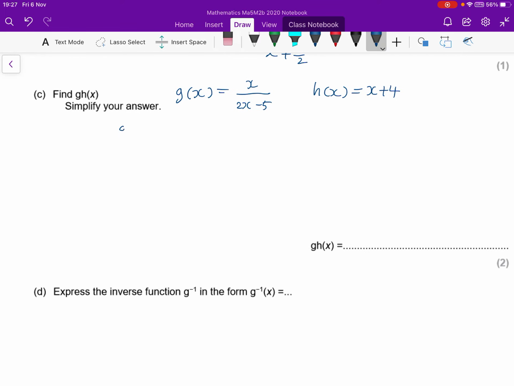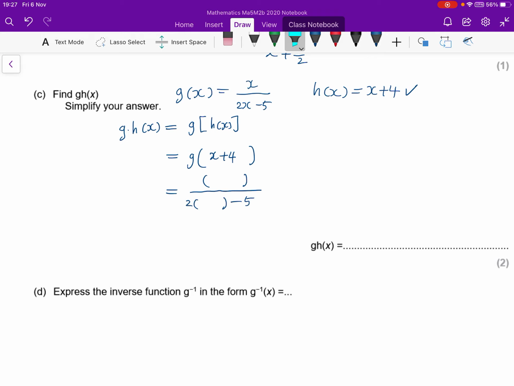So you want to find what is gh of x. So usual way, g bracket h(x), put h(x) in the bracket. Now replace h(x) with the definition, which according to this is x plus 4. Now what is g of x plus 4? So where x is, put in the bracket, 2 bracket minus 5.